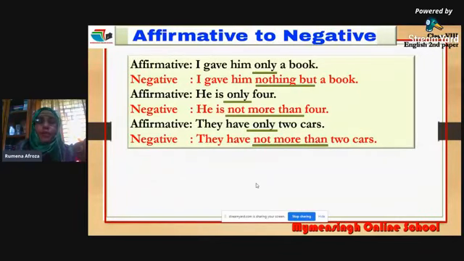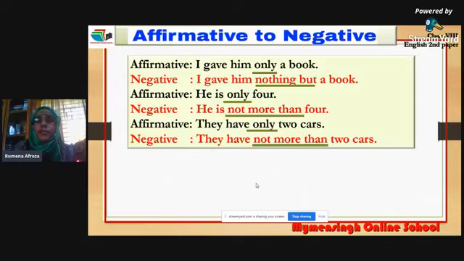Okay, what we have got: if we find only in an affirmative sentence, and it indicates things, then instead of only you will use nothing but, in the negative form.